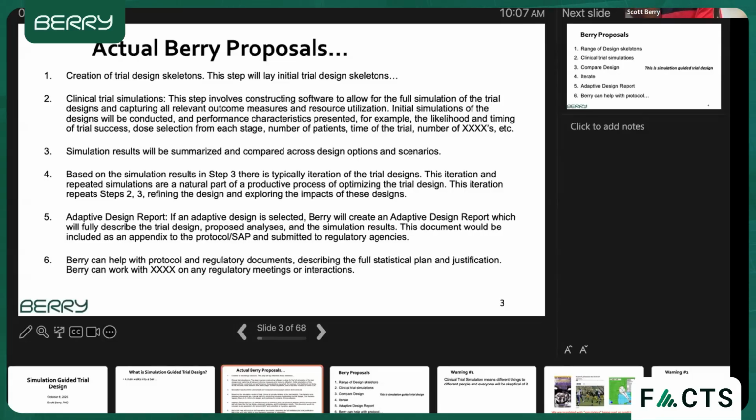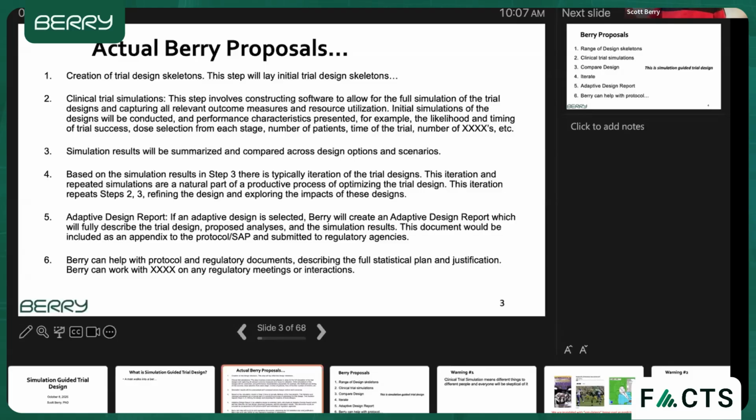But really the role of this is to provide apples to apples comparison of more complicated designs. Which one's better? How well do they work? And so that's step 4. This iteration and repeated simulations are a natural part of a productive process of optimizing the trial design. That's what I think simulation guided clinical trial design is.